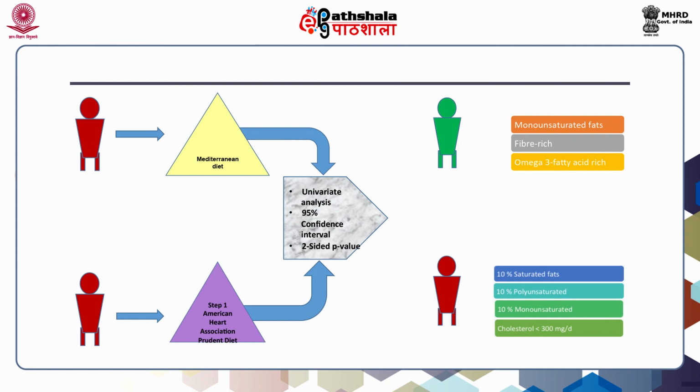This randomized trial suggested that patients following a cardioprotective Mediterranean diet had a prolonged survival and may also be protected against cancer. In order to accept this claim, this research group included various statistical measures to increase the validity of their data. These include univariate analysis, calculation of 95% confidence interval, as well as the two-sided p-value.